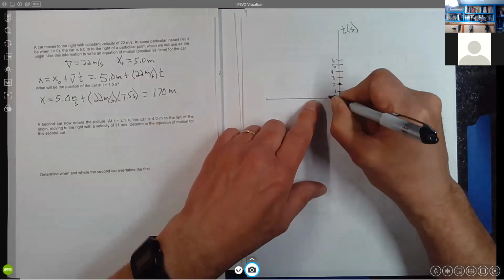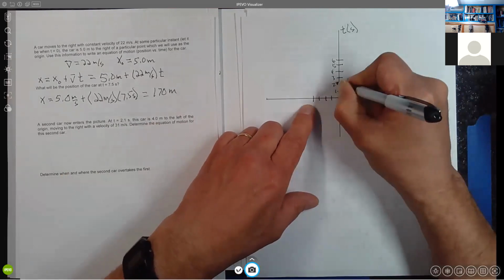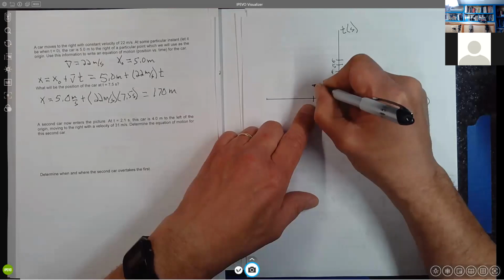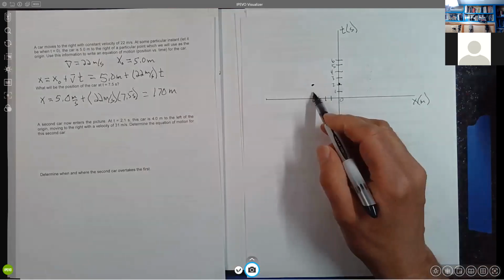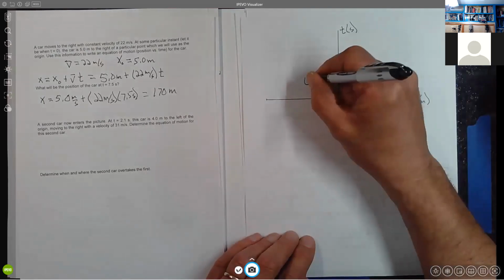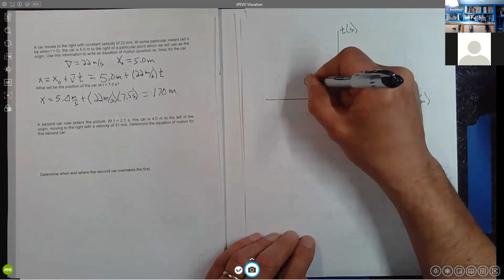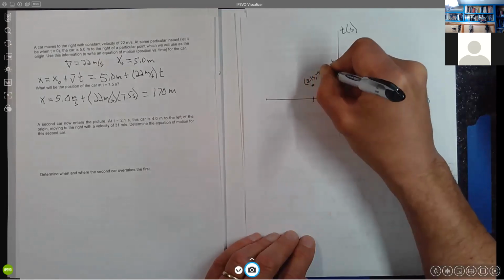So it's over here at that time. So that's where it is at 2.1 seconds. So this would be 2.1 seconds and minus 4.0 meters.